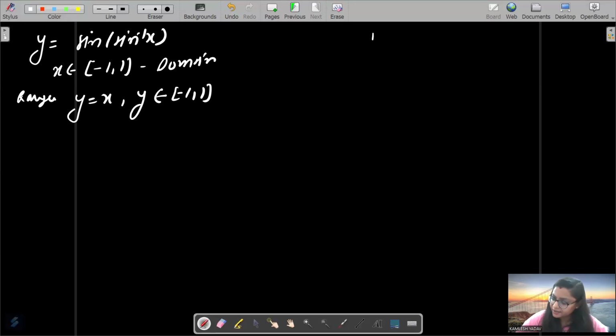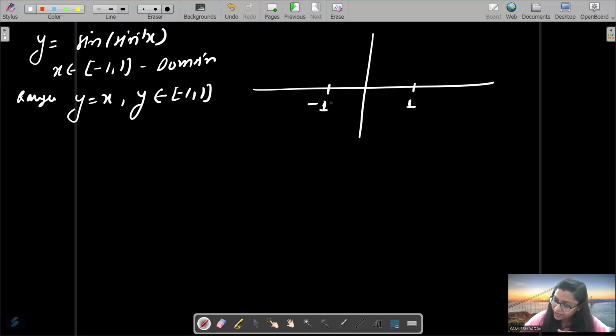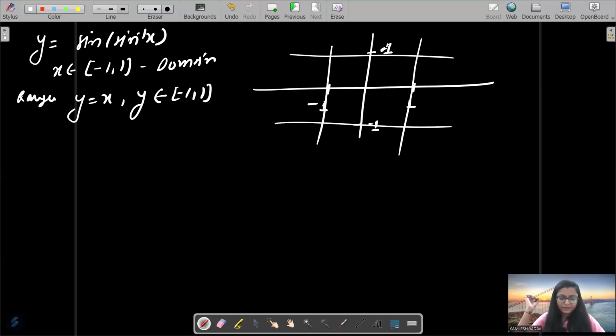Okay. See, first of all, x equal to 1, x equal to -1. Then what about the y? Y also, this is 1 and this is -1. Now we draw the line like this. Then our graph is plotted between, which looks like this.